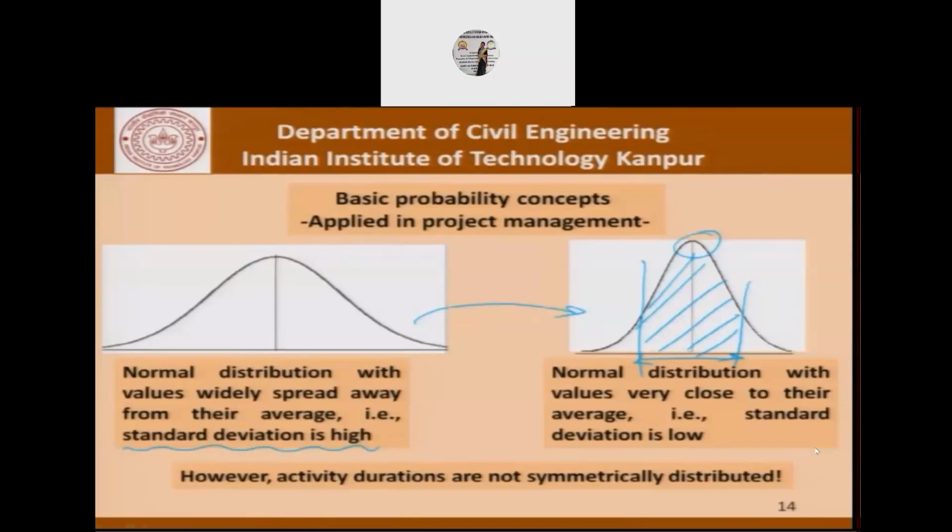If we want to go to the same area here, we will go more standard deviations away from the mean. However, in both cases, the normal distribution is symmetric. So the problem with our construction activities is that they are not necessarily symmetrically distributed.